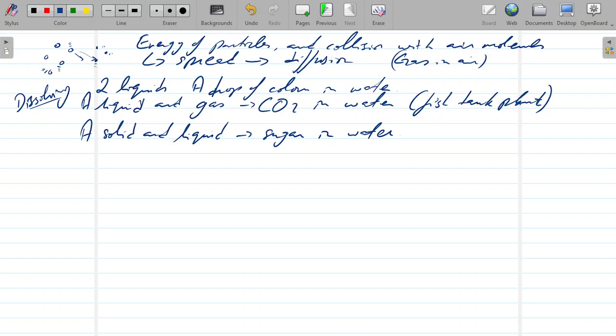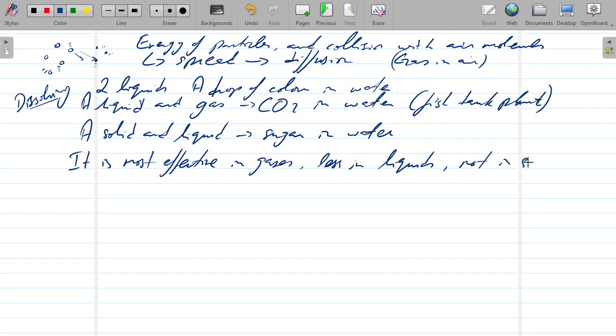Now, the thing about diffusion is that it is most effective in gases, right? Less in liquids, and doesn't really work in solids themselves.